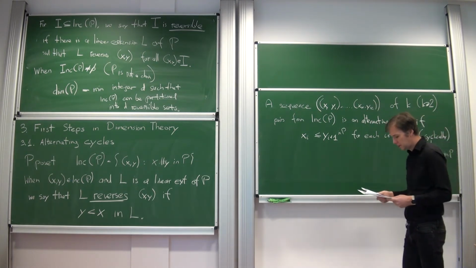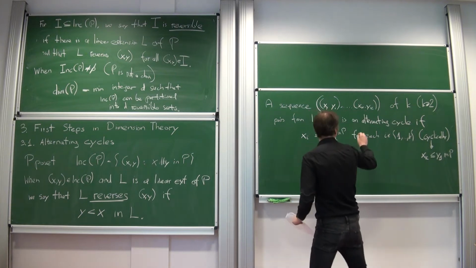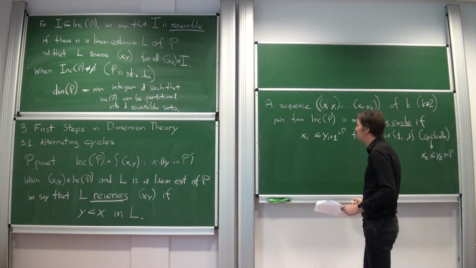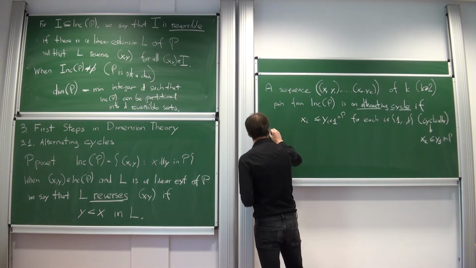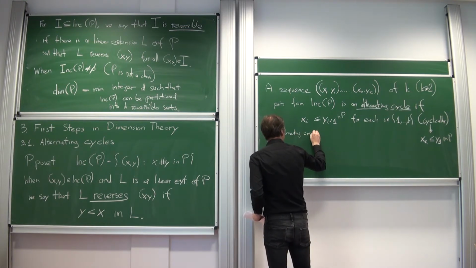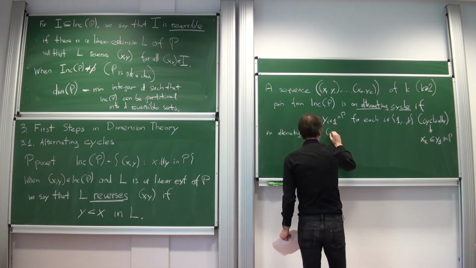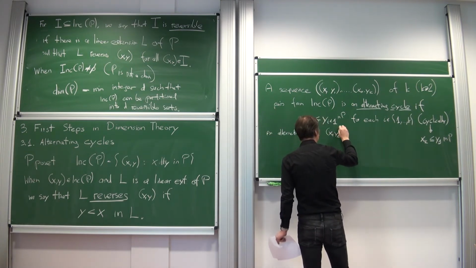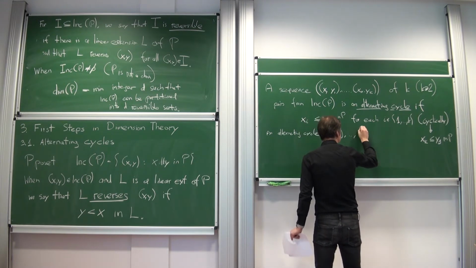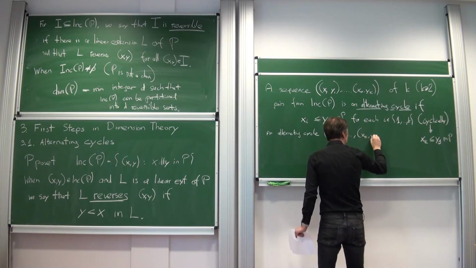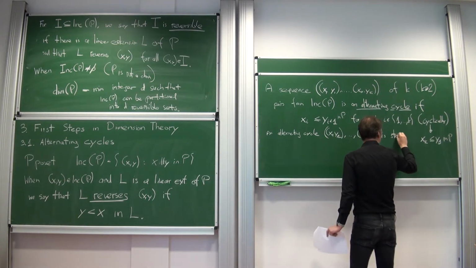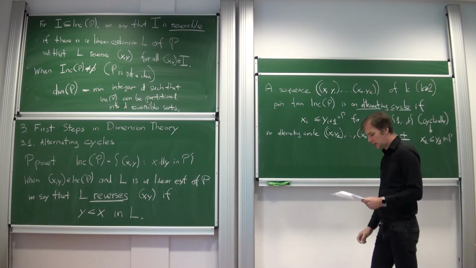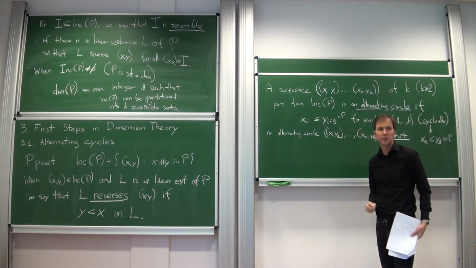Okay, so before we draw anything, let me quickly put a definition of a strict alternating cycle. An alternating cycle is strict if these are the only comparabilities that we see.